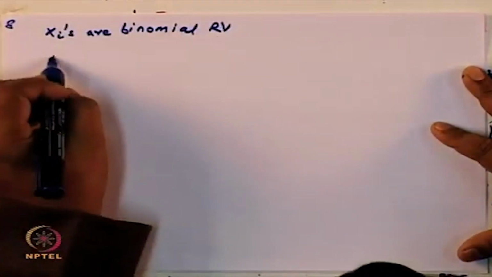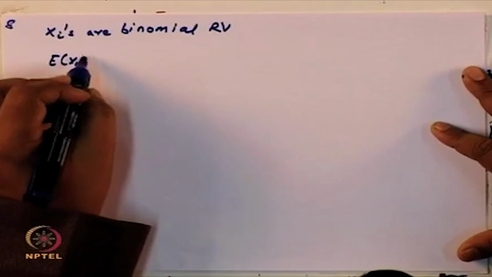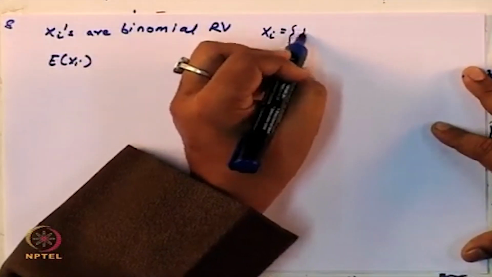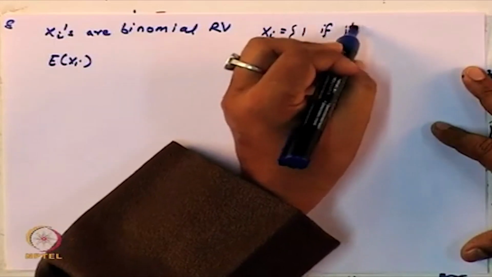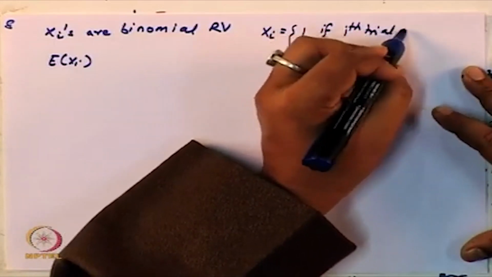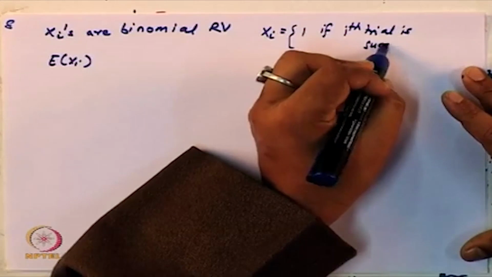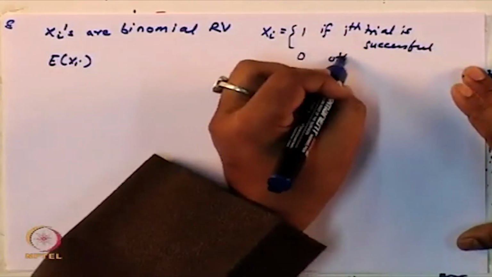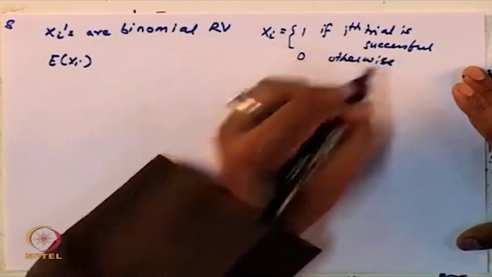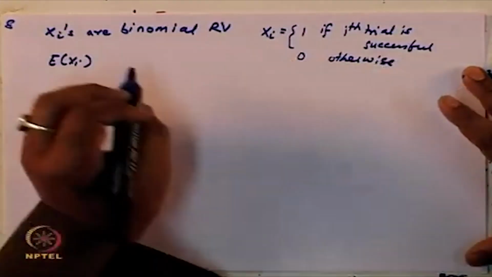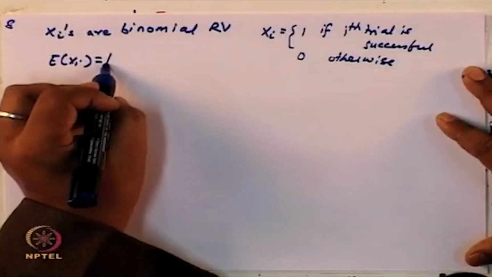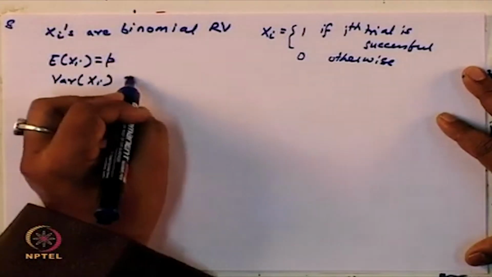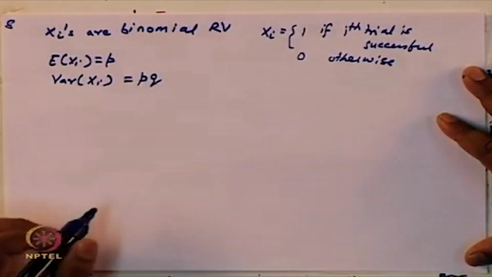Then we can call xi 1 if the ith trial is successful, equal to 0 otherwise. So, we have previously demonstrated that E of xi is p and variance of xi is equal to pq.